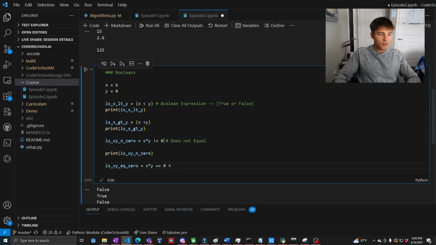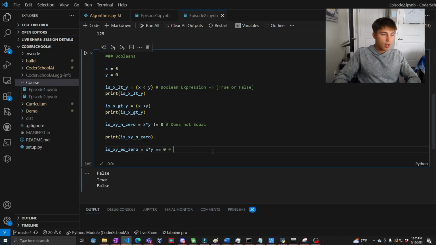Super important that we have two equal signs, right? This is checking, does it equal, right? So that's checking if this left-hand side, does left-hand side equal right-hand side, right? And I could even say that up here, right?